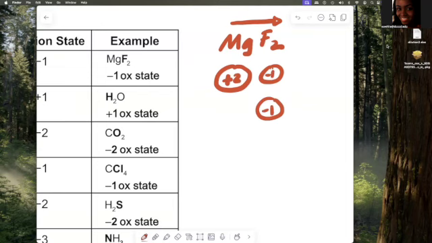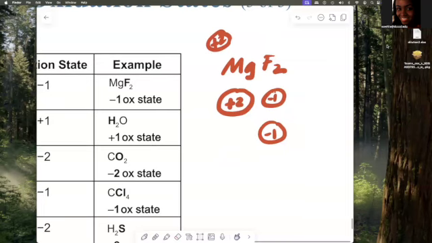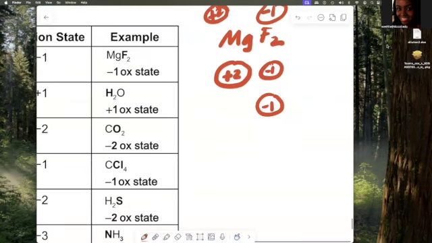And so we assign it that way. Magnesium is +2. Please realize you're assigning oxidation states for each individual element in the compound, not the group together, right? And fluorine is -1, okay? That's what it took.